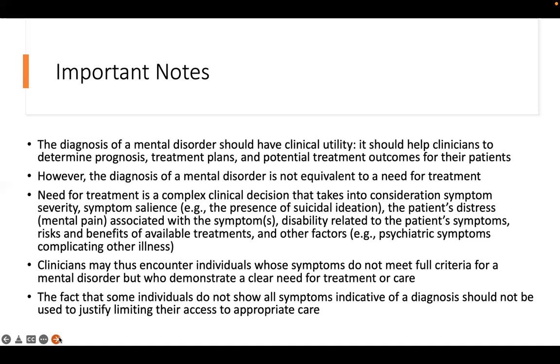Risks and benefits of the available treatment. For example, if electroconvulsive therapy is the only option for something, and the potential consequences are memory loss, the client may not be willing to go through that.